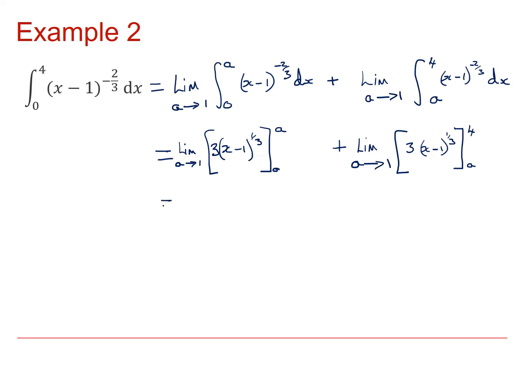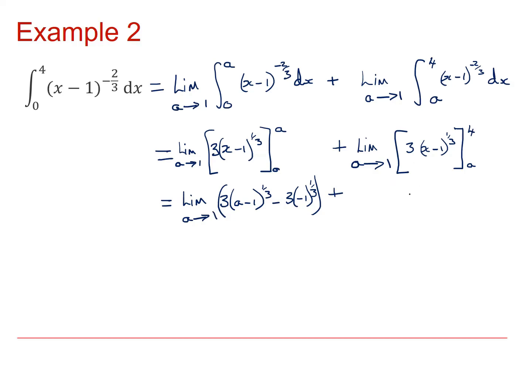We'll plug those limits in. From the upper limit here, we're going to get 3 lots of (a minus 1) to the 1/3 minus 3 lots of (minus 1) to the 1/3. What happens as a tends to 1?